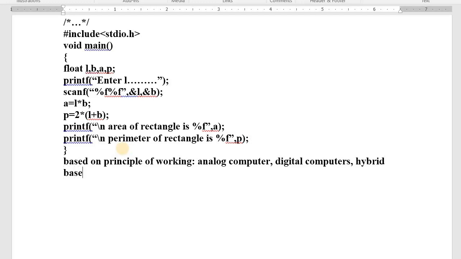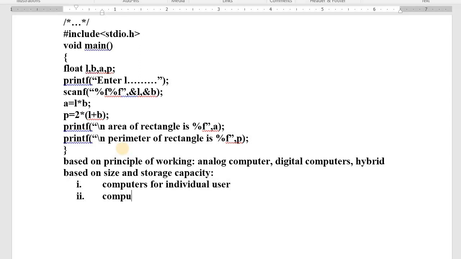And based on their size, storage capacity and processing speed, computers are classified into two types. Once again, computers for individual user, one person using it, and computers for multiple users.